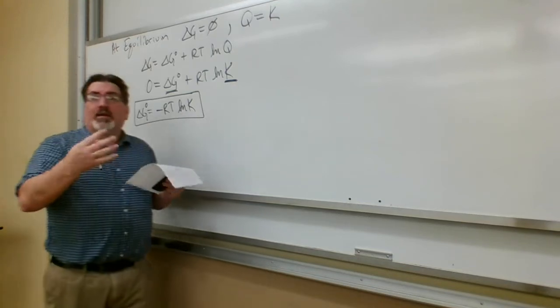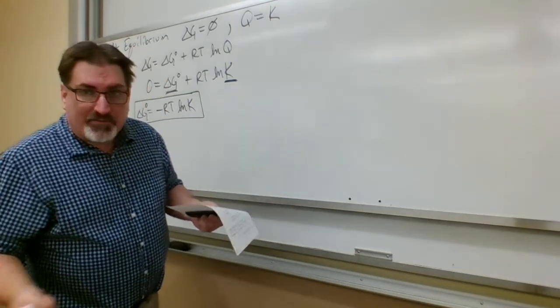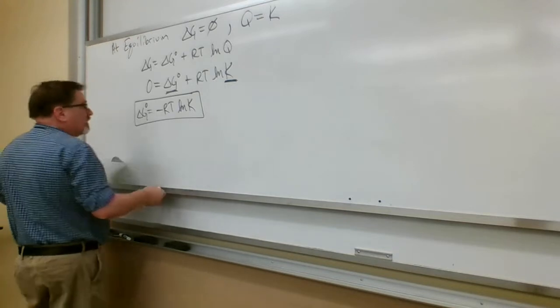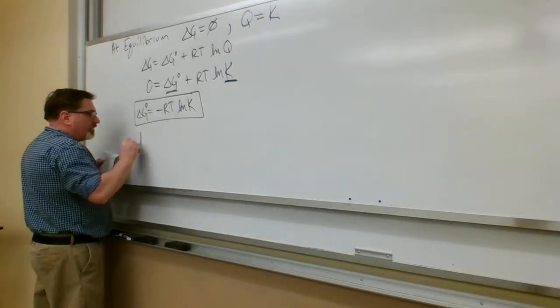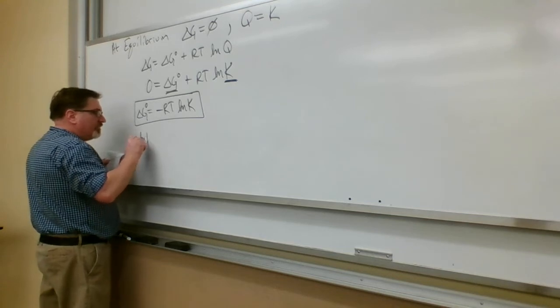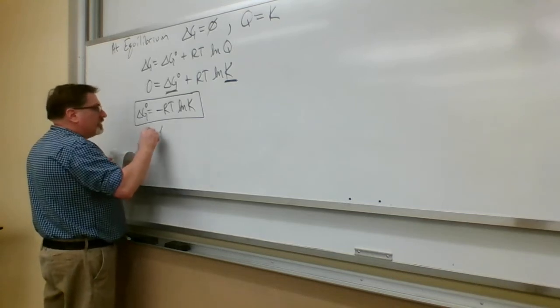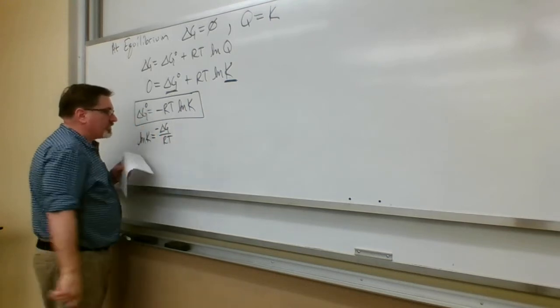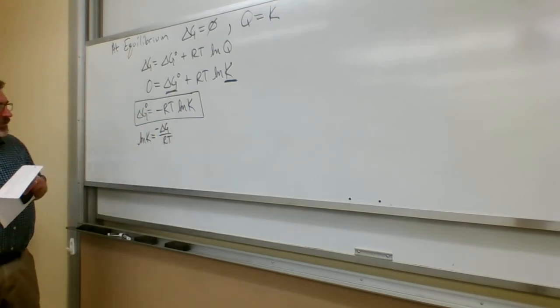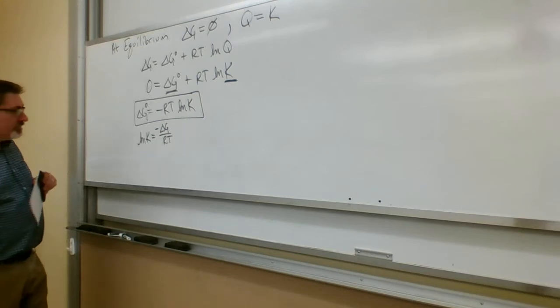This one you see in textbooks 2 or 3, sometimes even 4 different ways to format this one. So we rearrange this and we end up with natural log of K equals minus delta G over RT, and we have to carry the sign over also. So that's one way we'll see this.